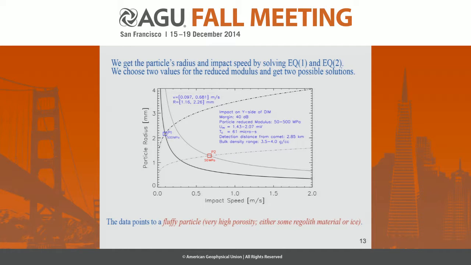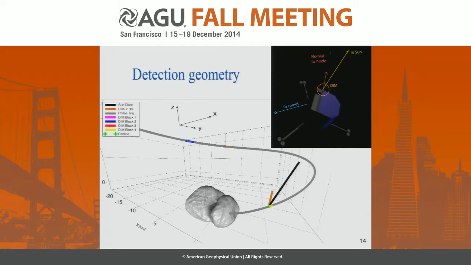The data point to a very fluffy particle, with high porosity, either some regolith material or ice. We may have further information from the detection geometry. On the bottom part of the plot is the trajectory of the lander while it was approaching the comet, in comet-centric coordinates.